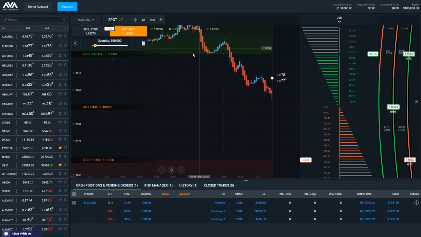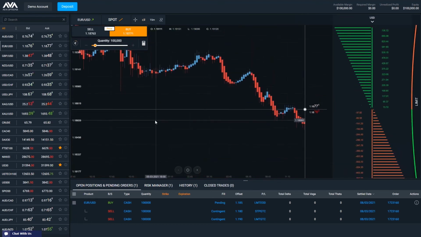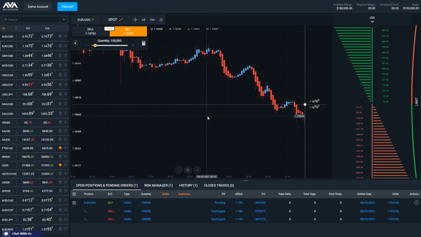The issue with trading spot like this, just buying the FX, is that other than a limit order, you really only have two things going on here. You're buying, if the market goes up, you can have profits. If it goes down, you have losses. You have no way to qualify the trade other than take profit and stop loss.